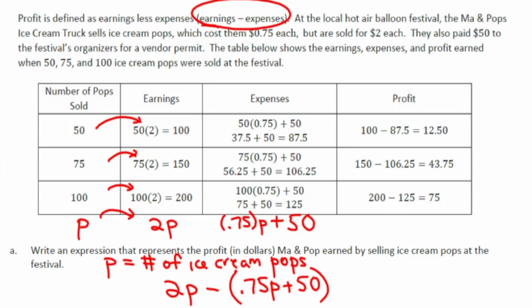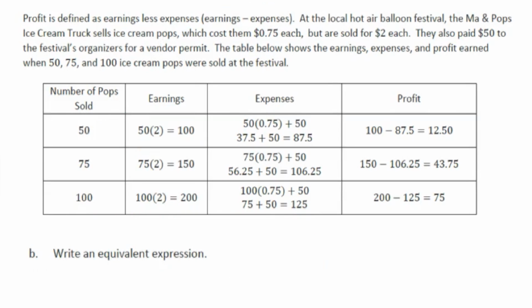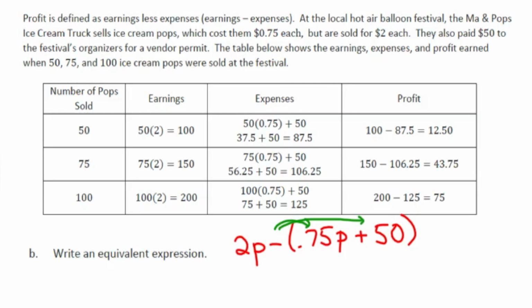Part B then asks us to write an equivalent expression. So we just had 2P minus 0.75P plus the $50 for the vendor fee. To write that as an equivalent expression, instead of subtracting the quantity, we'll use our distributive property.